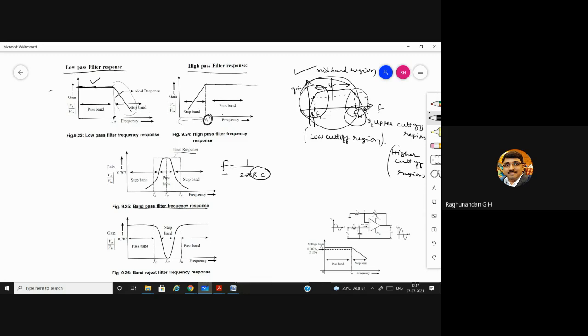We will get it like this. So here, the pass band means it is not going to pass lower frequency signals nor higher frequency signals.